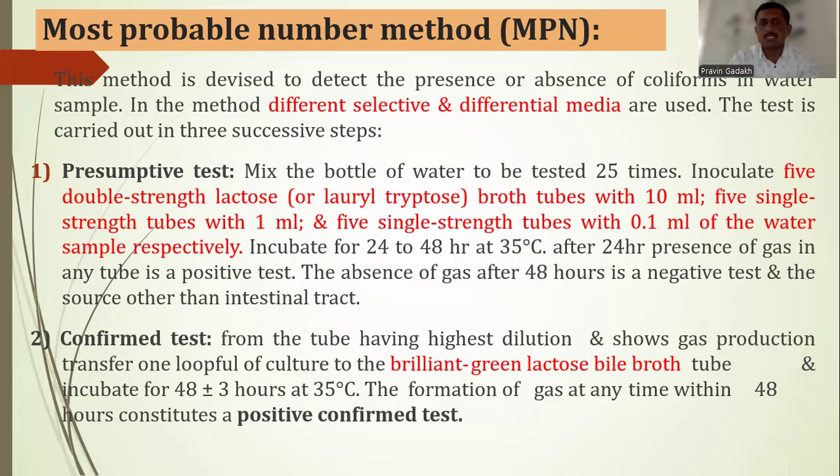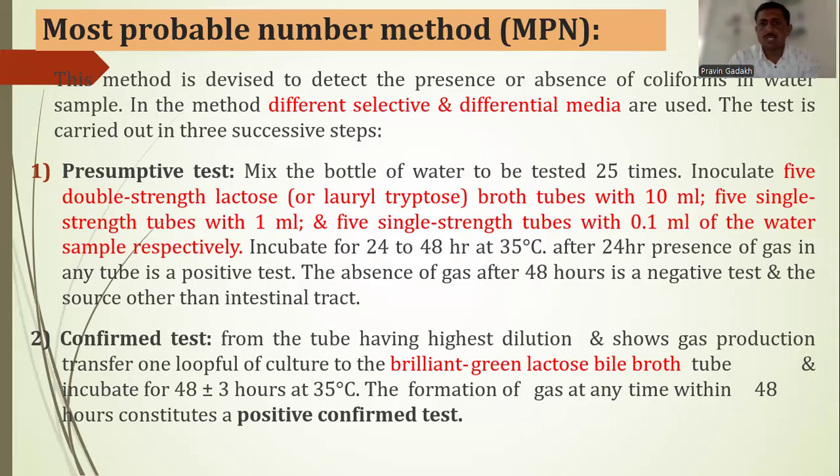In another 5 single strength tubes, which are already prepared, we have to add 1 ml of water sample, and in 5 more tubes of single strength lactose broth, we have to add 0.1 ml of water sample.